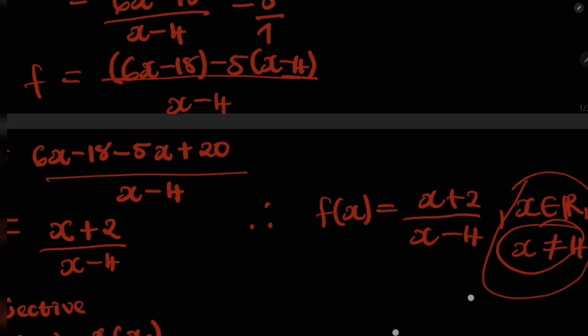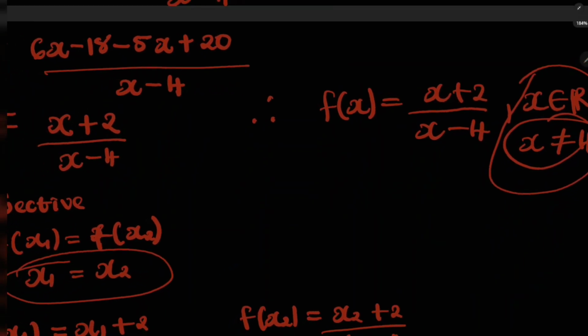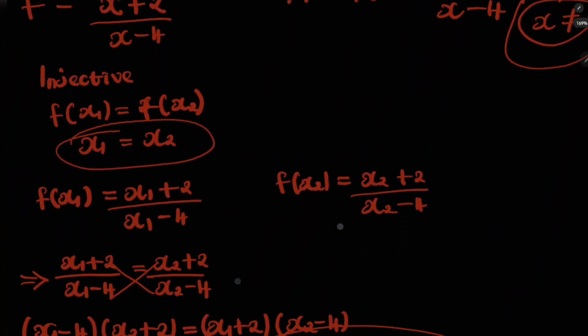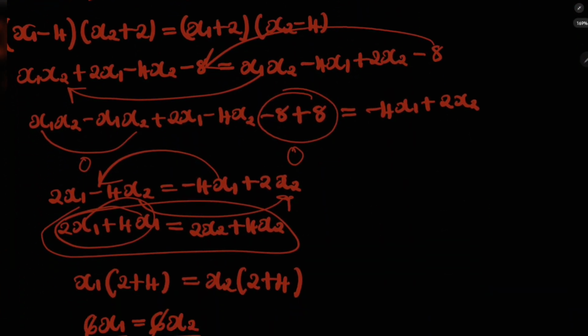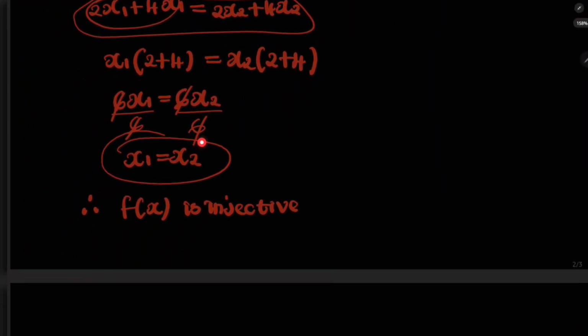And then we had to show that it is injective. For injectivity, f of x1 should be equal to f of x2, which is the same as x1 equal to x2. So this is what we had to end up with, and as we can see, that was our end point, which proved its injectivity. So that is it for the question.